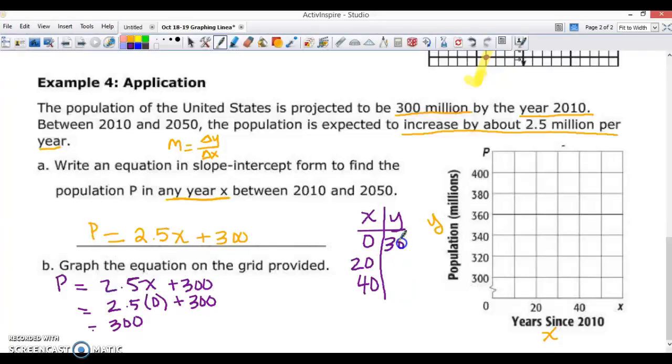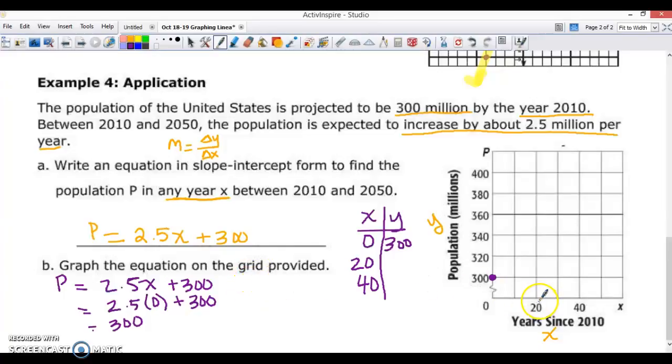Which we could have gotten without even plugging in 0 because it is your b value, your y-intercept. So now I'm plotting it on the graph. At 0 is 300. Now, since this is in years, this represents 2010. So in 2010, we're at 300 million, population-wise. And that's the beginning of our problem. That's what it stated. So we're on the right track.